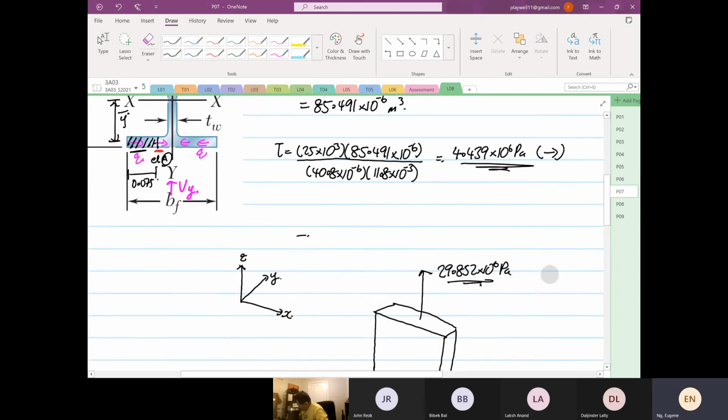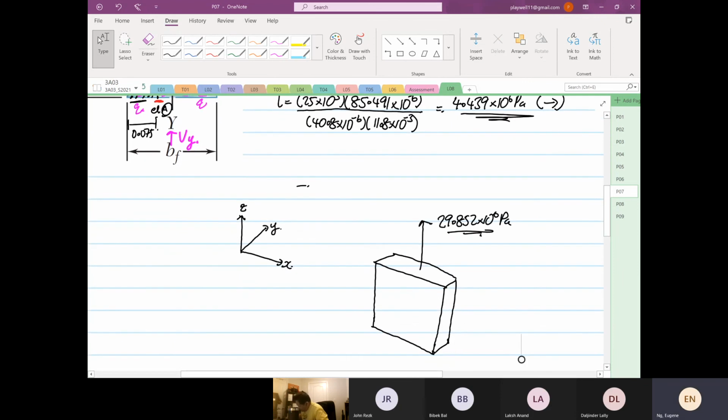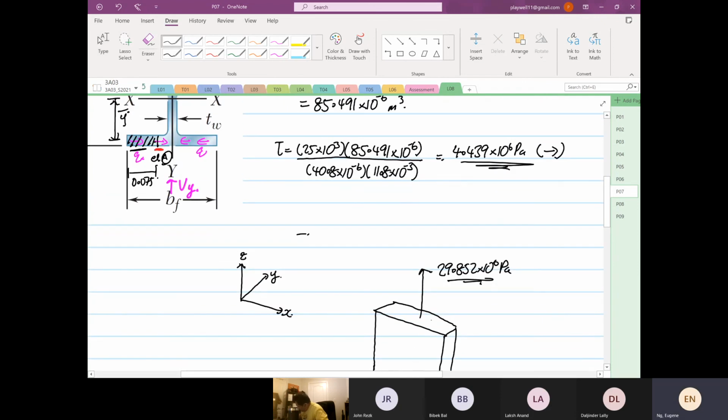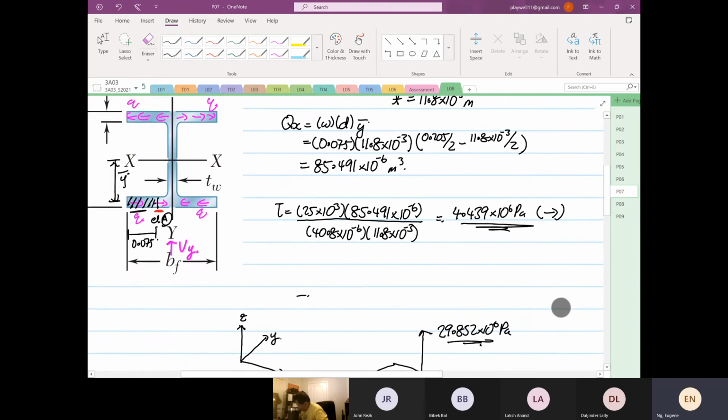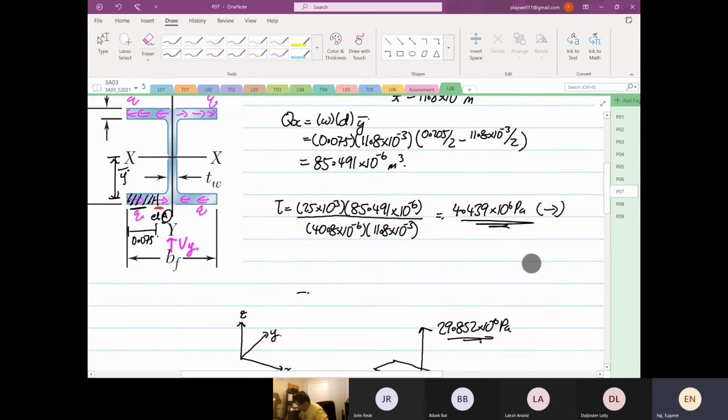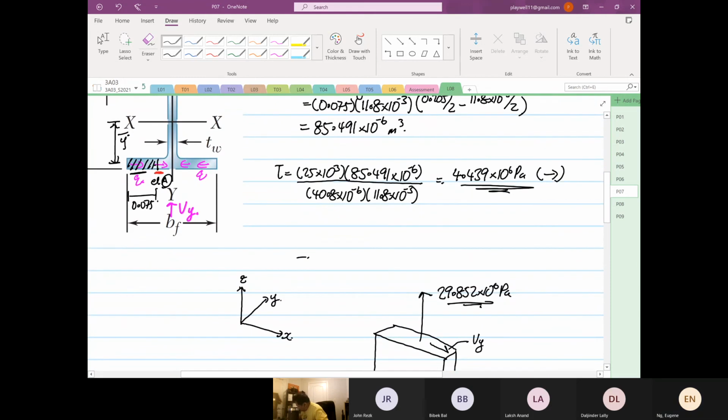Okay, so we know that for this case, you have one over here, and this is due to your Vy, and it's inducing a shear stress which is equal to 4.439 times 10 to the power 6.